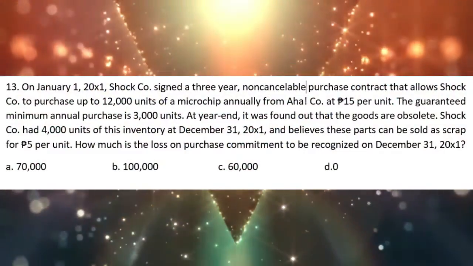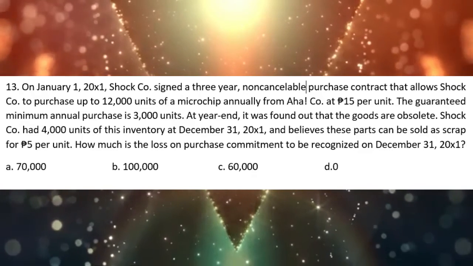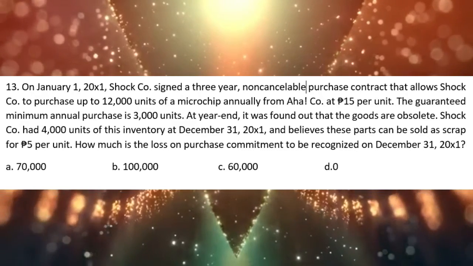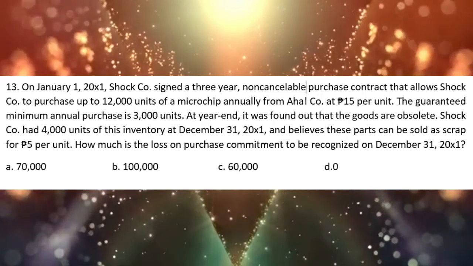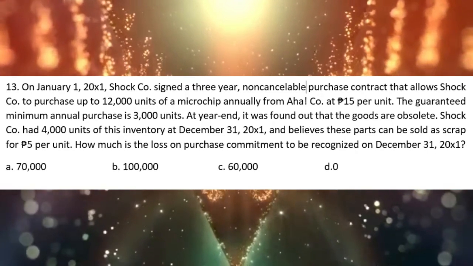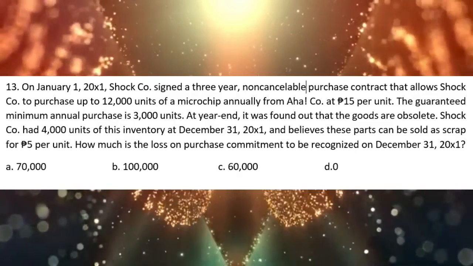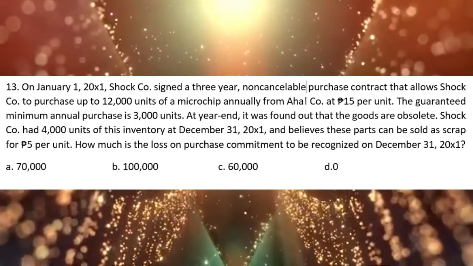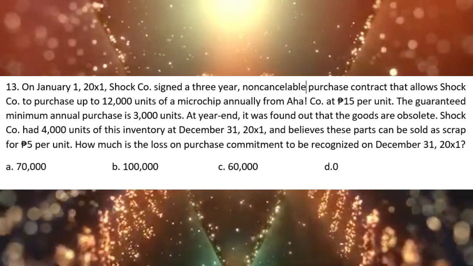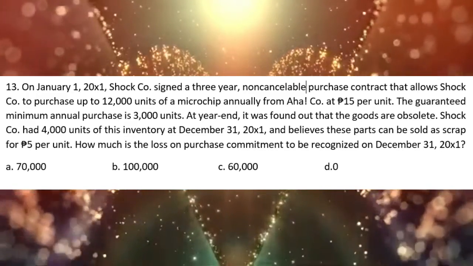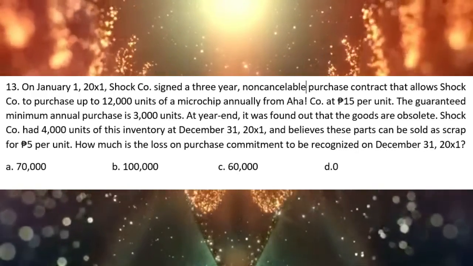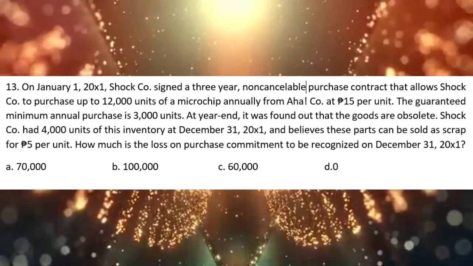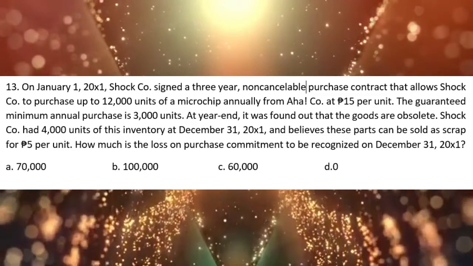Number 13. On January 1, 20x1, Shako signed a 3 years non-cancelable purchase contract that allows Shako to purchase up to 12,000 units of a microchip annually from Ahako at 15 pesos per unit. The guaranteed minimum annual purchase is 3,000 units. At year-end, it was found out that the goods are obsolete. Obsolete means no longer used.